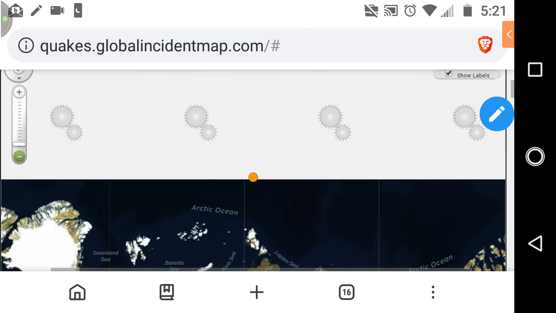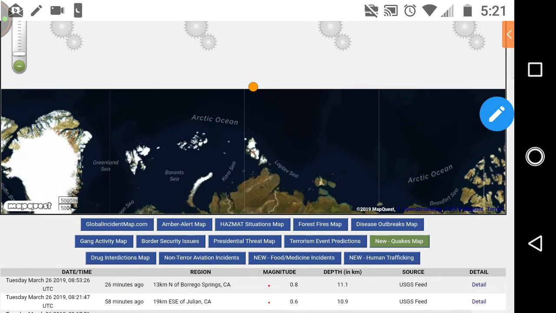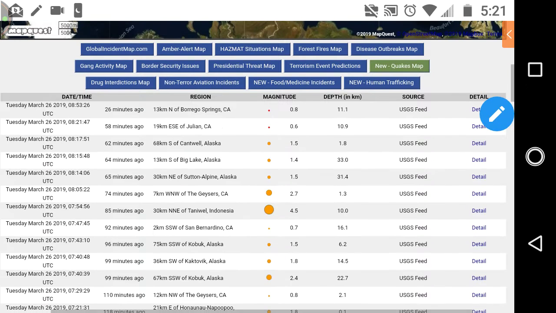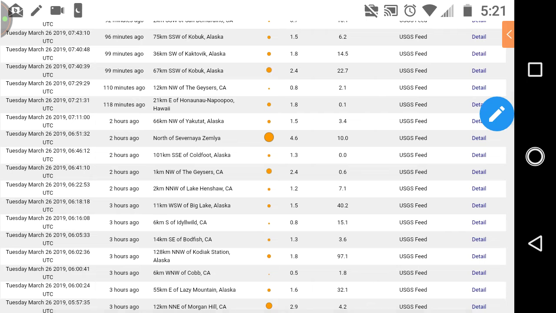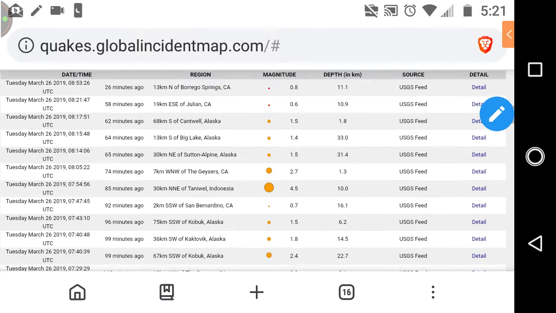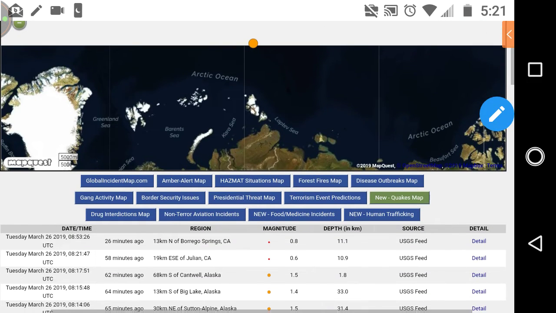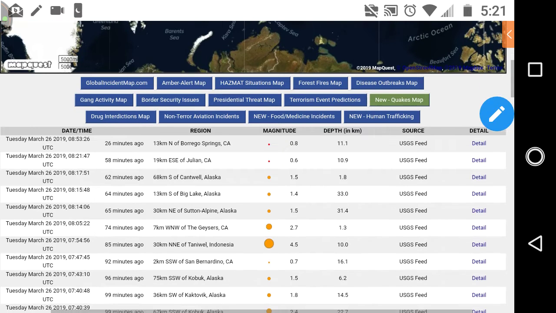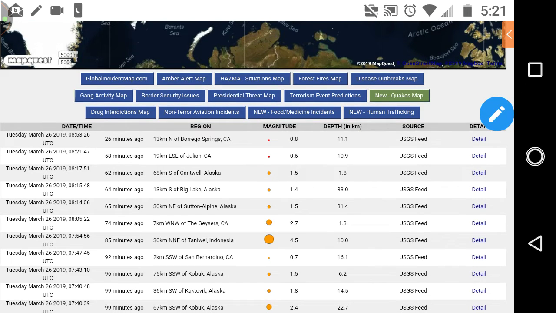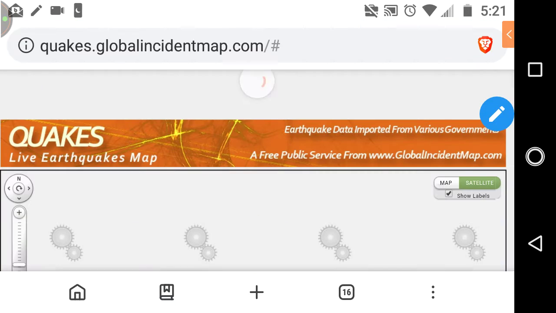Okay. That one's so far north that it's at the North Pole. Wow. That is interesting. That's the farthest north quake I've ever seen, as it's about as far north as you could get. And also a 4.5 in Indonesia.